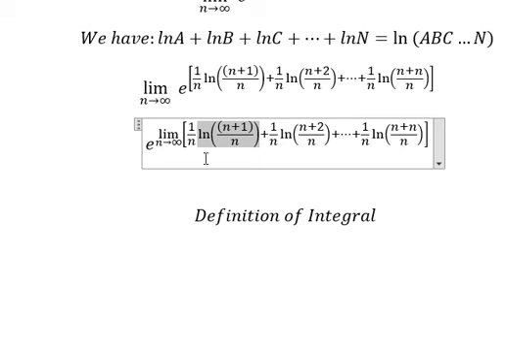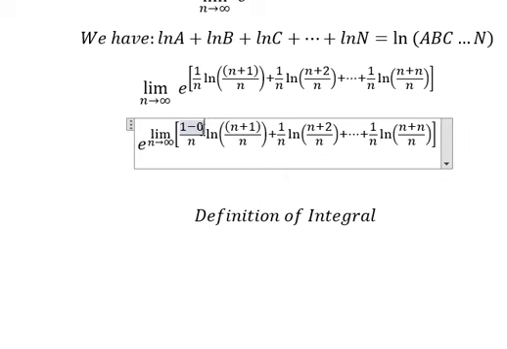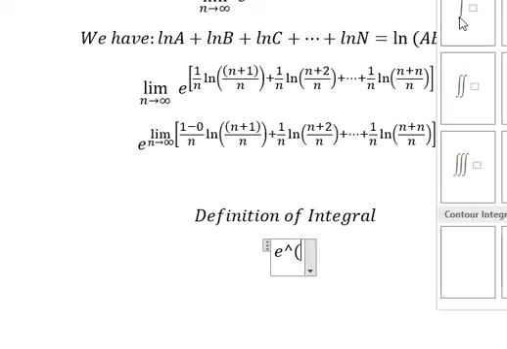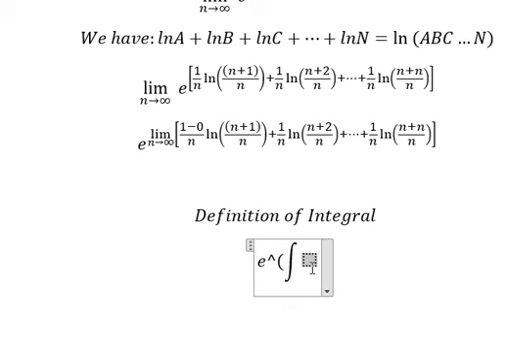They combine, and we can put 1 minus number 0 in here. That means they will start at number 0 and they stop at number 1. So in this case, we have e to the power of the integration of ln of 1 plus x, and we have the bounds from number 0 to number 1.